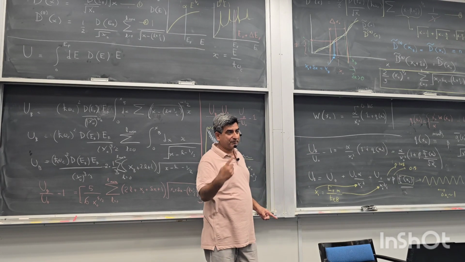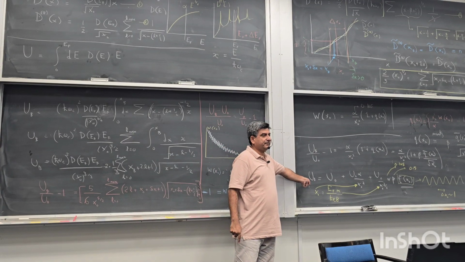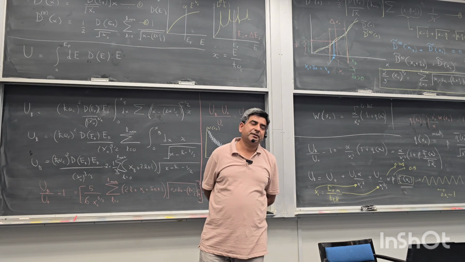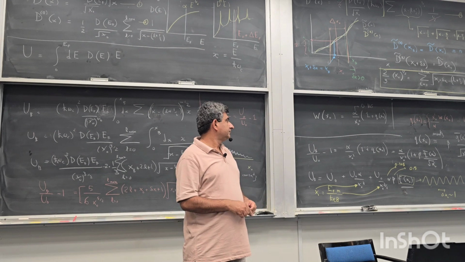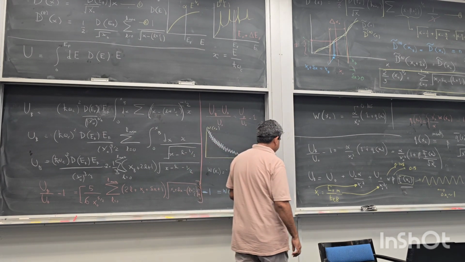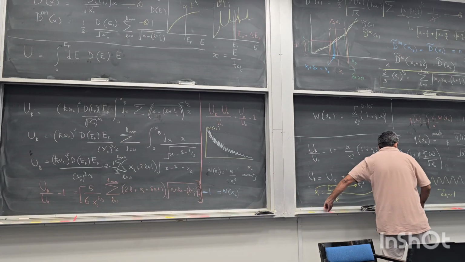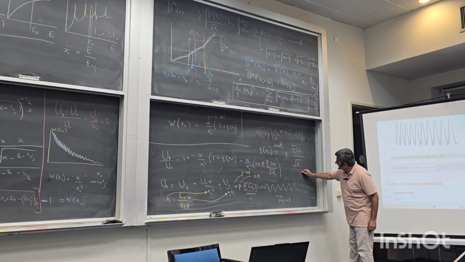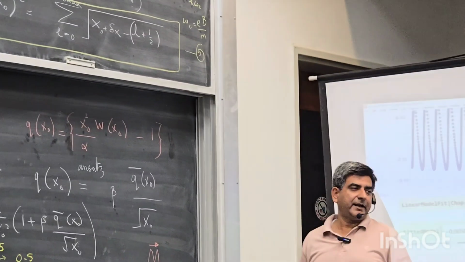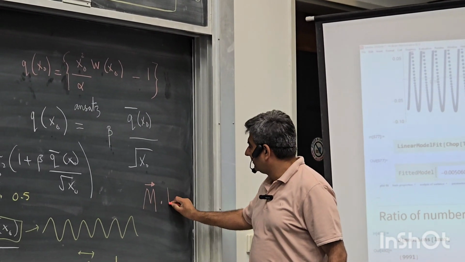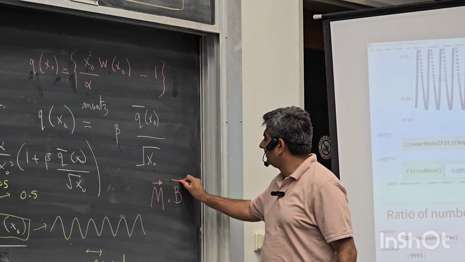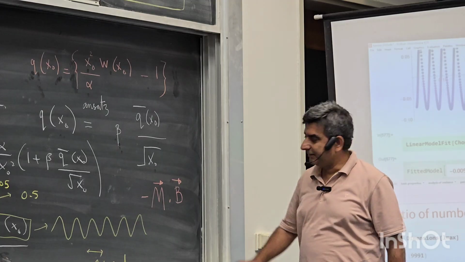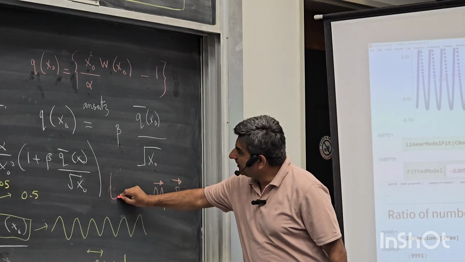Now what I would like you to do before 11 o'clock is take this energy and find the magnetization. How do I find magnetization from energy? A simple hint: if I have a magnetization M and I put it inside a magnetic field, with a minus sign, this will give me the magnetic energy.